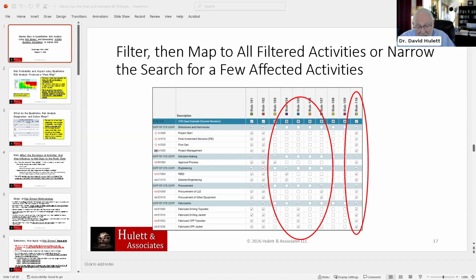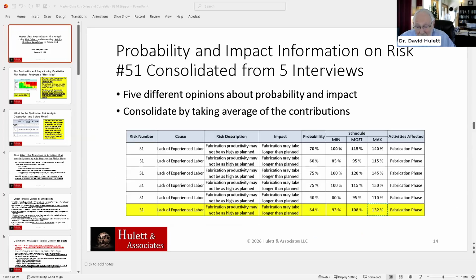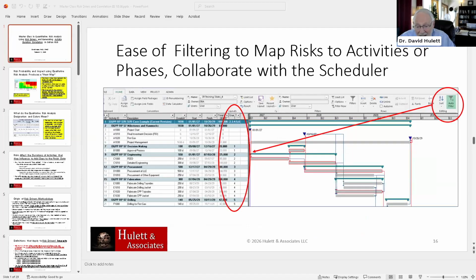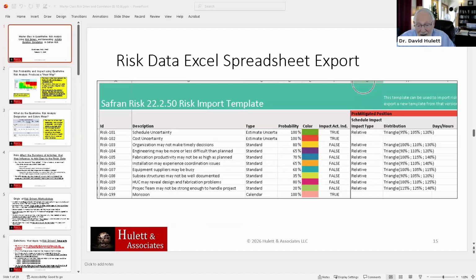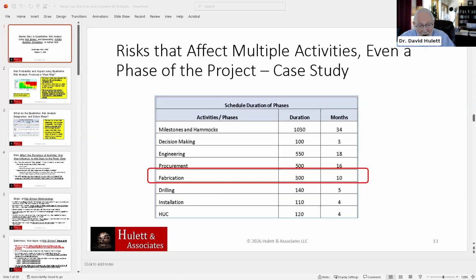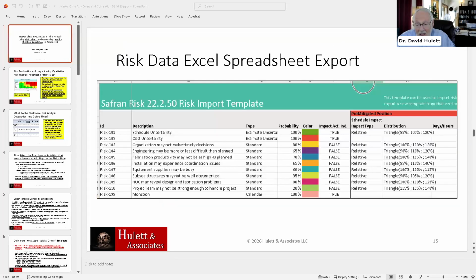Well, then don't click that. But you can click all of them, or you can click selectively. But at least you are faced with the activities that you talked about when you decided that you were going to have a risk associated with fabrication, 10 months for as many risks as there are in the schedule.